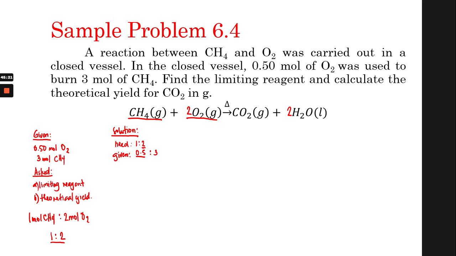Sorry, this 2 here is for O2. So in your need, you need 2 moles of oxygen, but you were only given 0.5 moles. That is not enough. That is already your key. The given moles of oxygen reactant is already not enough. Now let's even check CH4.